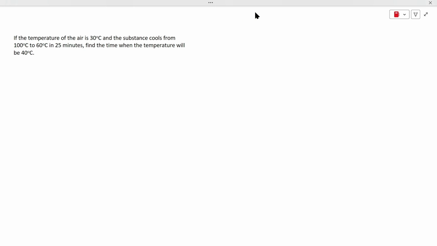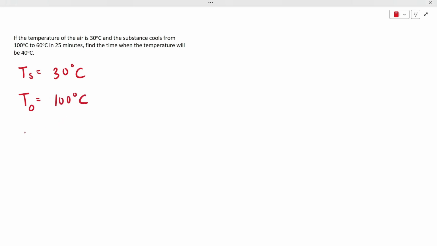The temperature of the air, or the surrounding temperature, is equal to 30 degrees Celsius, and the initial temperature of the substance, T sub 0, is 100 degrees Celsius.